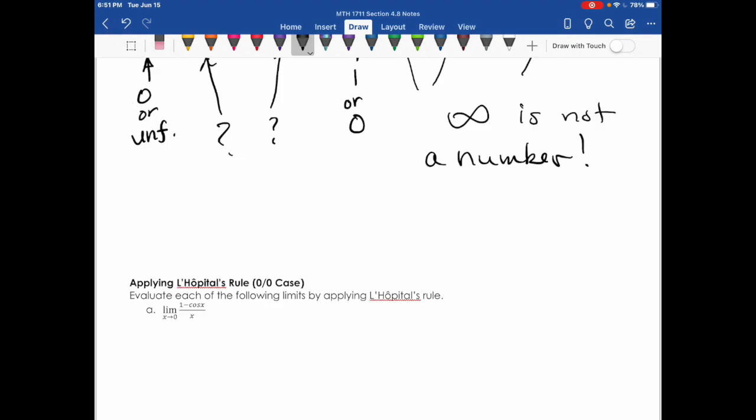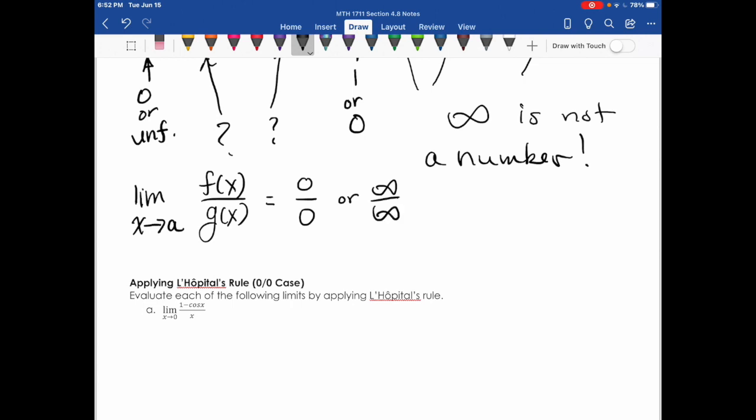Now you can use L'Hopital's rule when you have 2 possible cases for indeterminate forms. If you take the limit as x approaches some value of a, and you have some ratio of 2 different functions, f of x over g of x, and you get the form 0 over 0 or infinity over infinity, with these 2 forms here that are indeterminate, you can use what's called L'Hopital's rule.